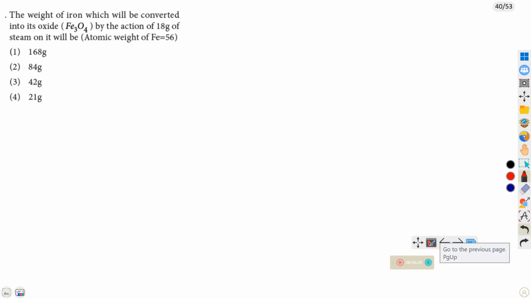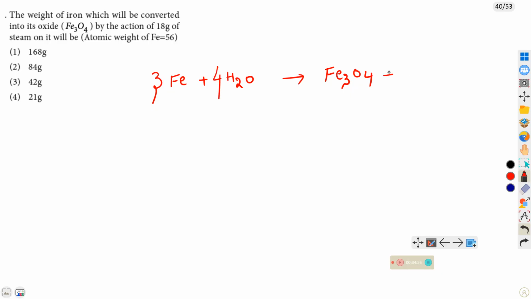The weight of iron which will be converted into its oxide by the action of 18 grams of steam on it will be? First frame the reaction. Iron reacts with steam, then it gives iron oxide Fe3O4. 3 moles of Fe, 4 moles of H2O, plus 4 moles of H2 gas liberated.